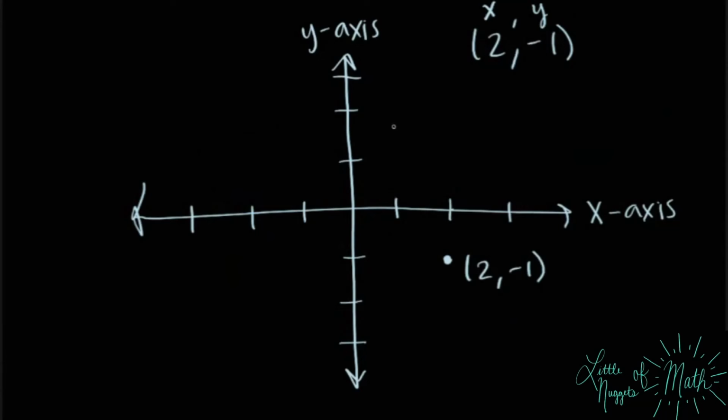Remember that we label this quadrant 1, starting with where x is positive and y is positive, and then we go counterclockwise. Quadrant 2, quadrant 3, and quadrant 4. So 2, -1 would be in quadrant 4.